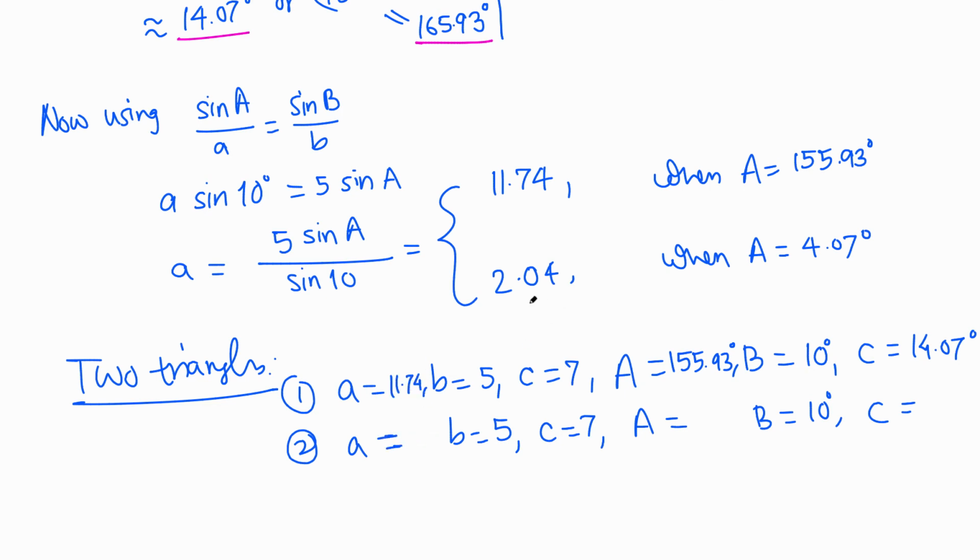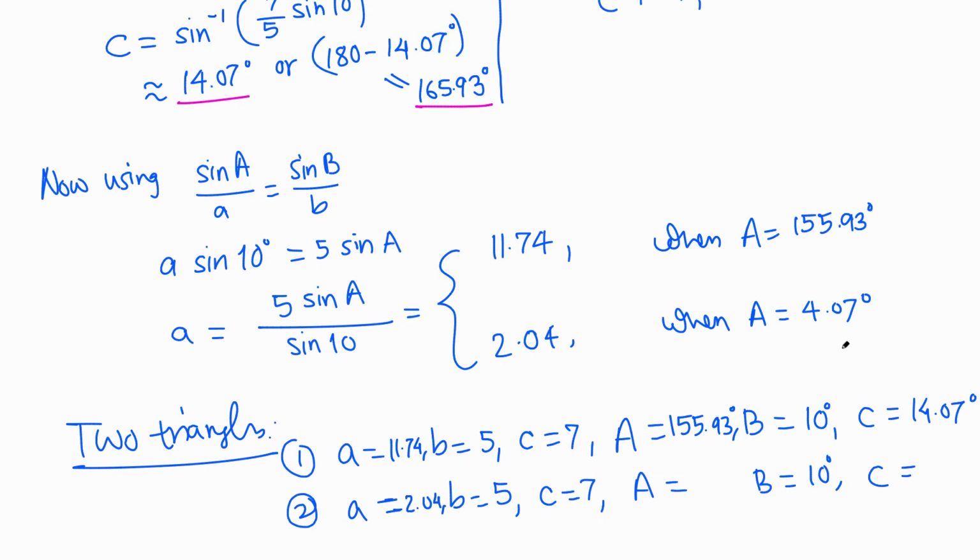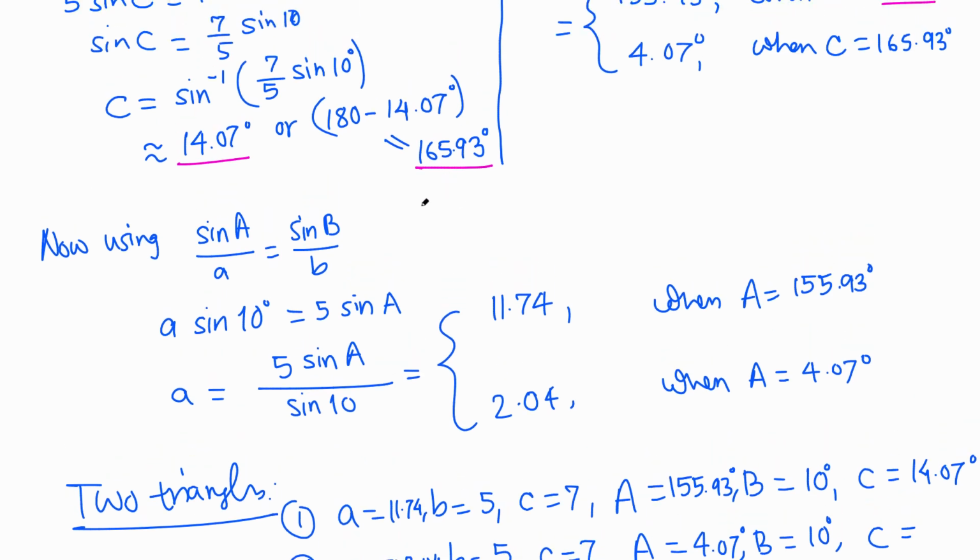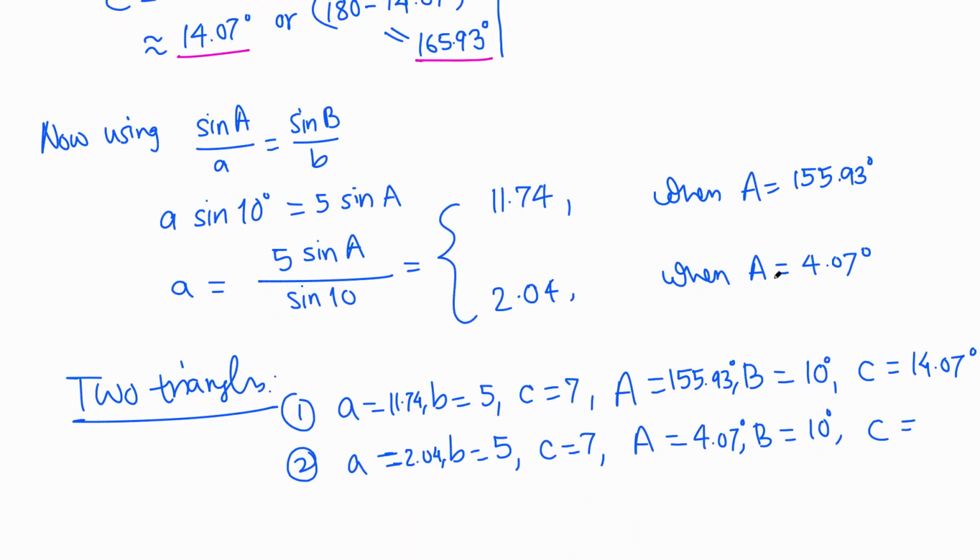The next is now a equals 2.04, and angle A is small, 4.07, and angle C was big, 165.93. Now the sum of the three angles is 180, along with the corresponding sides. Final.